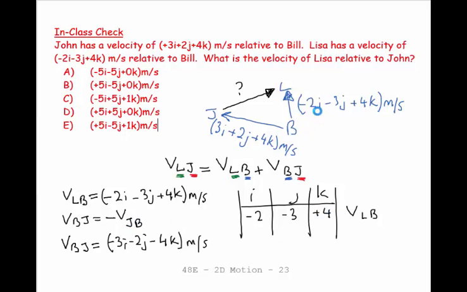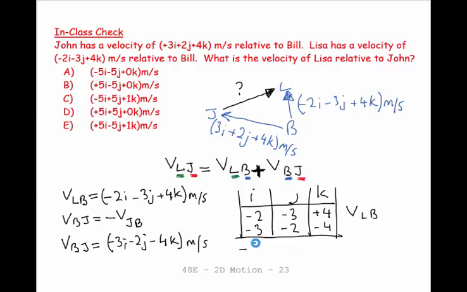And then I look and say, well, okay, what is the velocity of Bill relative to John? And this is going to be -3, -2, and -4. And then according to this equation, the operator is addition. So I need to add these guys together.